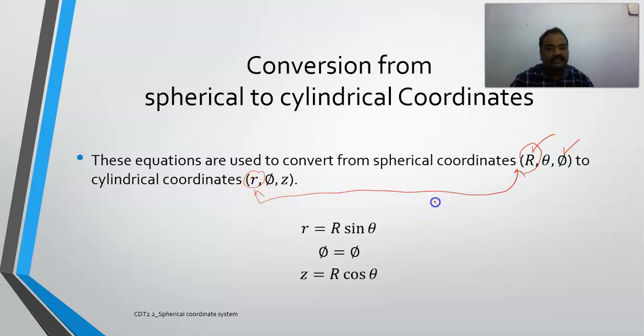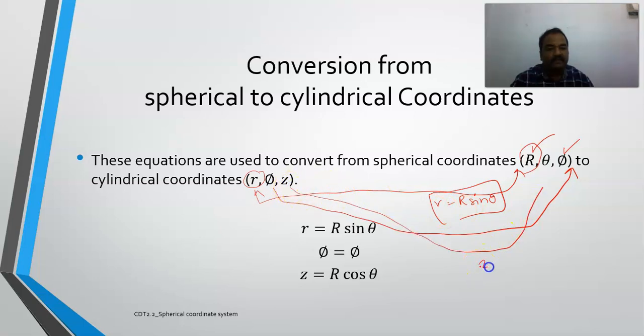The relation is R is equal to capital R sin theta. And phi is the same, whatever phi you get here will be the same. And Z will be capital R cos theta. So this is the relation between the cylindrical and spherical systems.